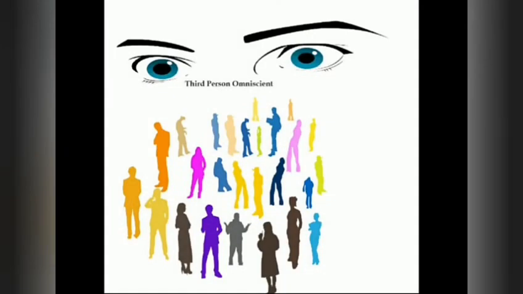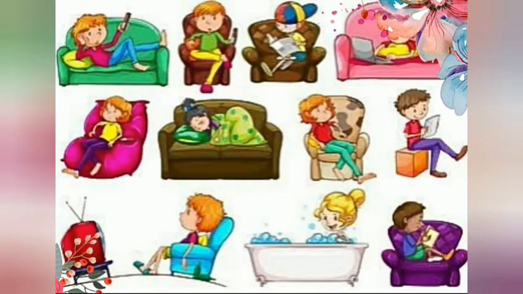Some textbooks refer to this narrator as the eye of God because he is all-knowing and all-seeing. As many as the characters are in the story, he knows what each and every one is doing at a given point. Remember, he is not a part of the story.